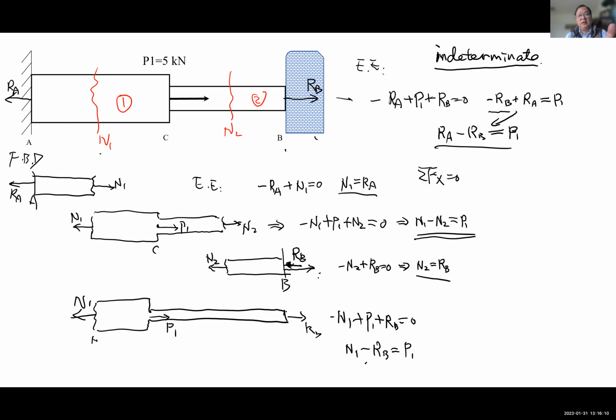Okay, so for example, in this case here, there are two ways. One is if you apply load in the middle, so what you do here is you are pulling this point to the right.